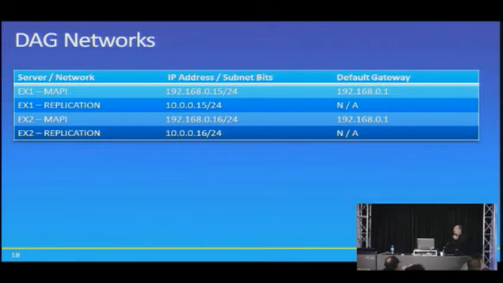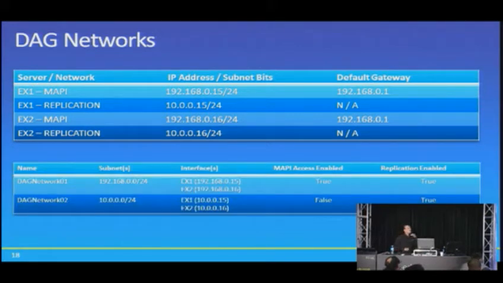Okay, so these are the network cards inside the server. When the cluster enumerates this and we convert them into DAG networks, again, for every unique subnet we have, that's a separate DAG network. So here we have both of these on the same subnet, so that's one unique subnet. Both of these are the same subnet, so that's our second unique subnet.